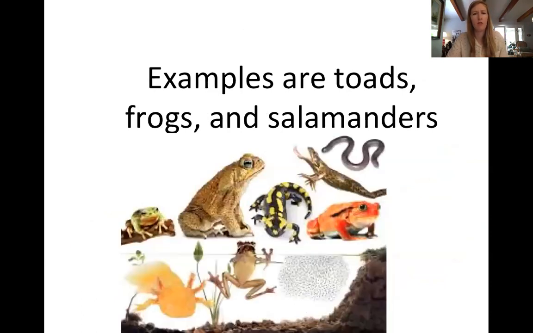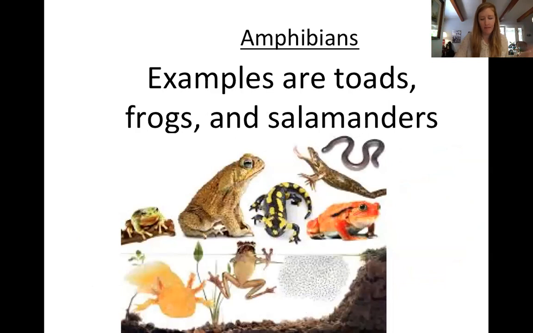Okay, examples are toads, frogs, and salamanders. Amphibians.